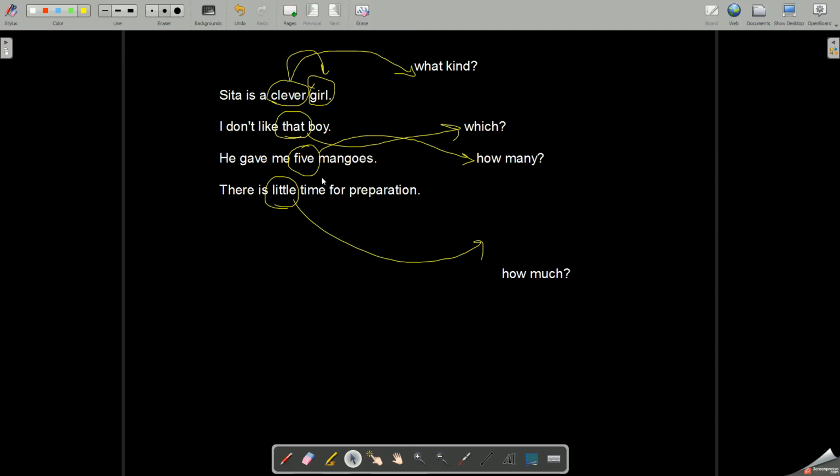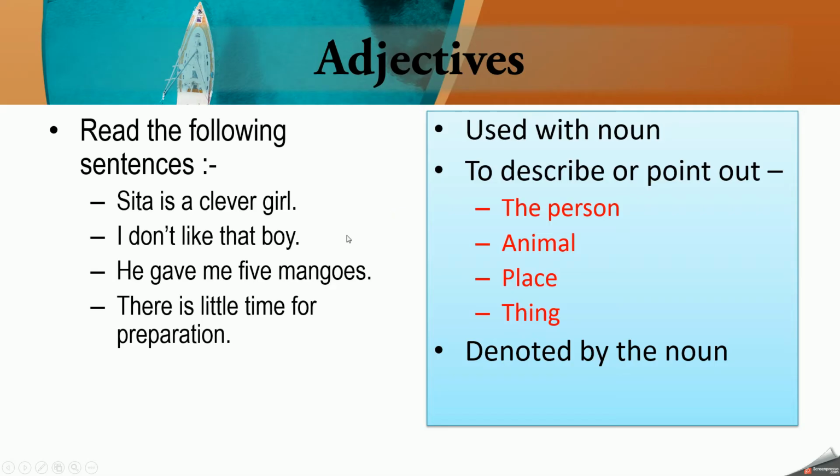Clever is used to describe the girl, that is used to point at a boy, 5 is used to count the number of mangoes, and little is used to measure the time for preparation. So all these words which are used to add some meaning or describe a noun, or to tell number or quantity, are known as adjectives.